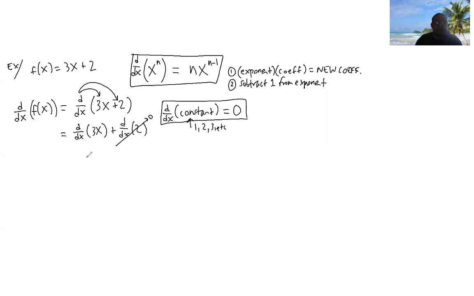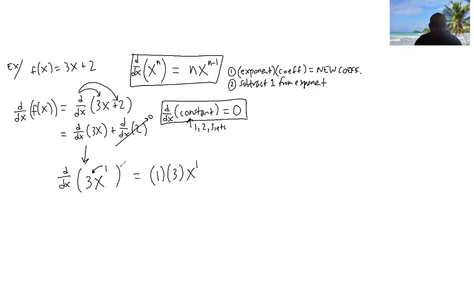We're trying to take the derivative of 3x, which is the same thing as 3x raised to the 1, right? Same difference. So step 1 is to multiply the exponent by the coefficient. Exponent multiplied by the coefficient is going to give you, right, our new coefficient, exponent times coefficient. The base stays. Then you're going to subtract 1 from your exponent, okay?